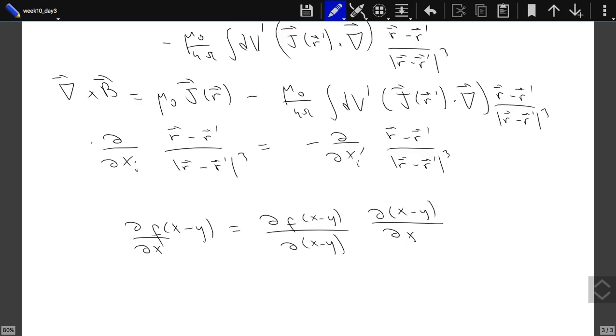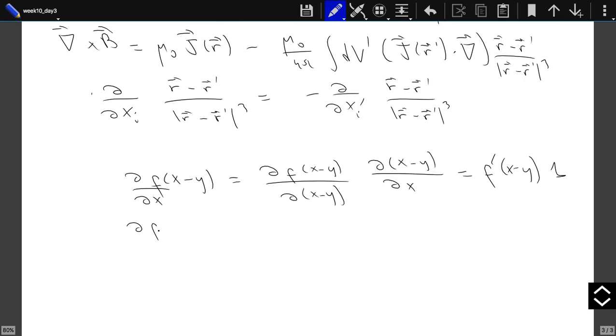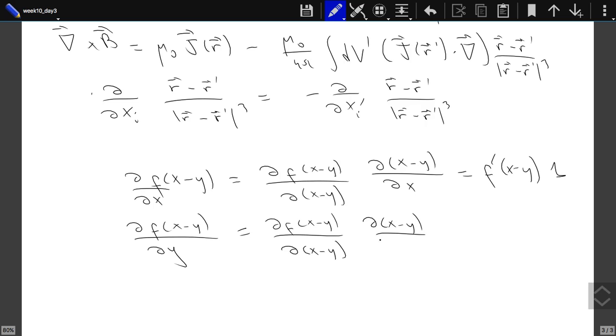I'm just using the chain rule. But this is nothing but f prime at x minus y multiplied by 1. Now, if I take the derivative of f of x minus y with respect to y, I can do the same trick. It is its derivative with respect to x minus y times the derivative of x minus y with respect to y. But this is the derivative of f at the point x minus y multiplied with minus 1.